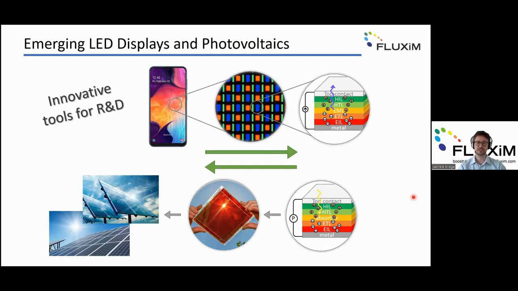You're injecting charges, electrons and holes, you're emitting photons. So you can start with our tools to ask yourself how this device, this LED, is behaving inside this matrix, and try to optimize the matrix because you're trying to optimize the behavior of the single LED.